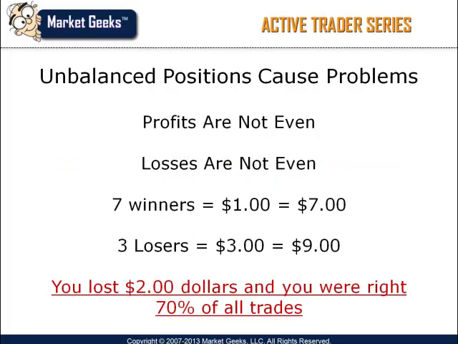If you don't make your positions equal, your profits and losses for each position will be different and your trading results won't be balanced. For example, let's say you have 7 winners and 3 losers. If your winners are $1 and your losers are $3, your trading is not balanced. Your losers and your winners should be very equal in size to each other.